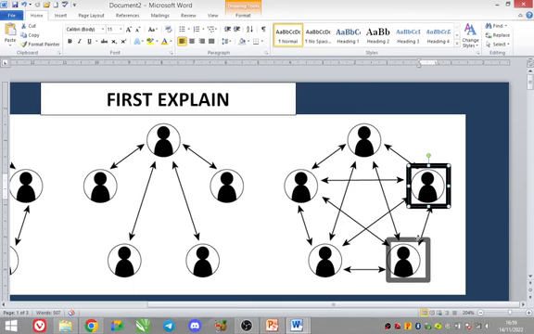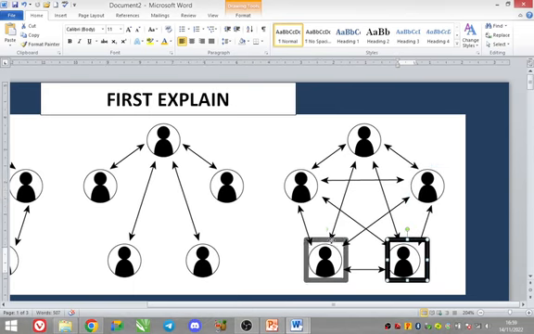I can be able to catch this next person, or apprehend this next person. Now, why am I able to do that? Just because all of them are linked up together.